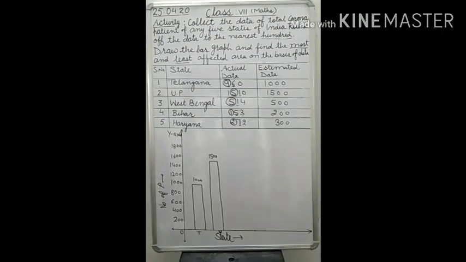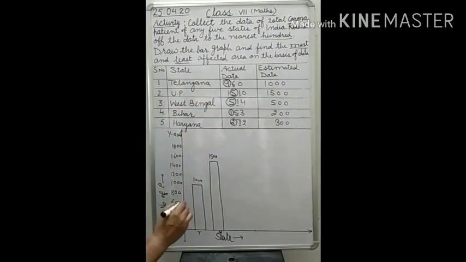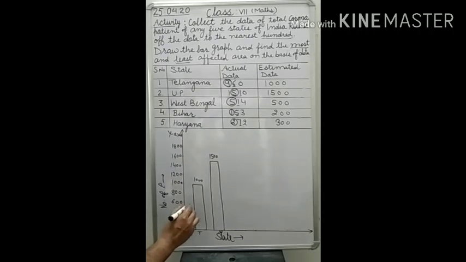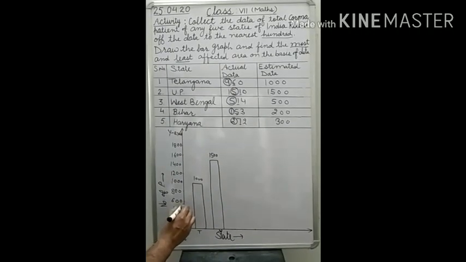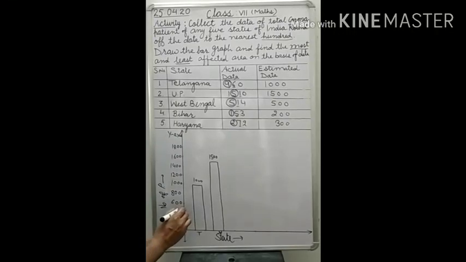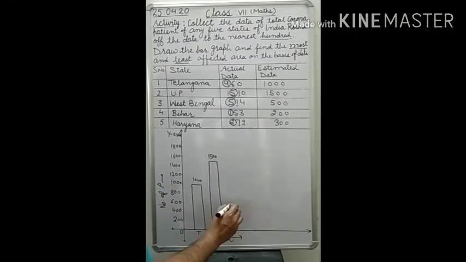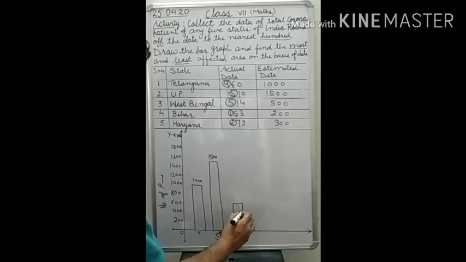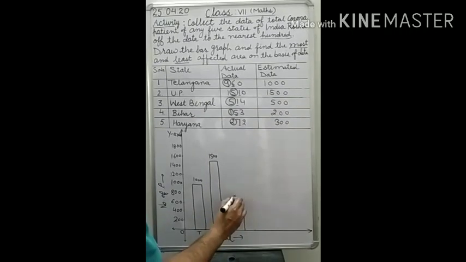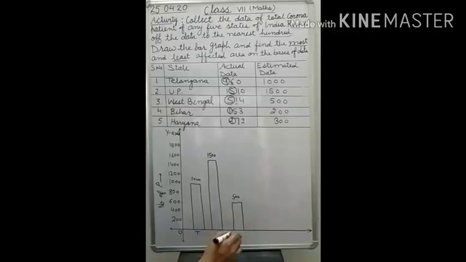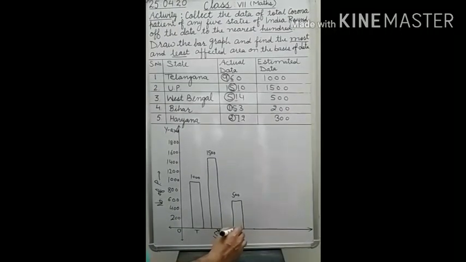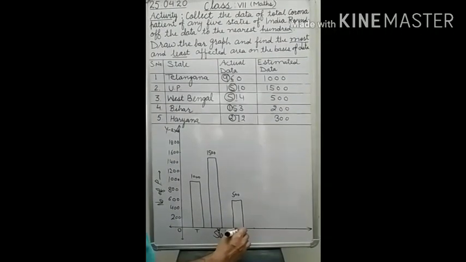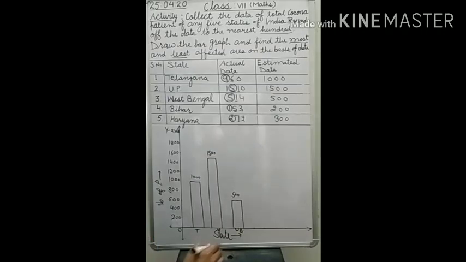It is up to 500. So we will draw the bar up to 500. 500 lies between 400 and 600. With the help of a scale, you have to draw. This is for West Bengal, WB. You can represent it like this.